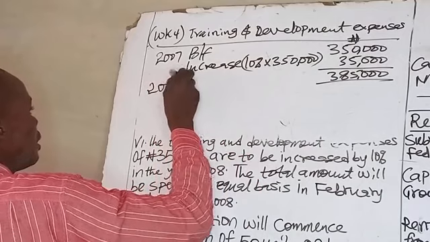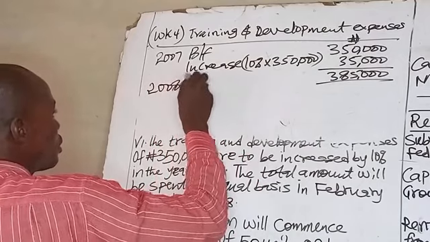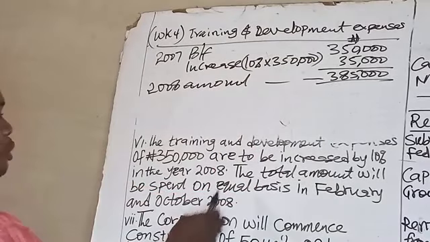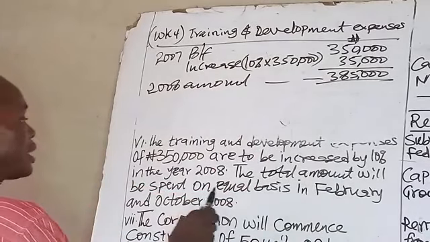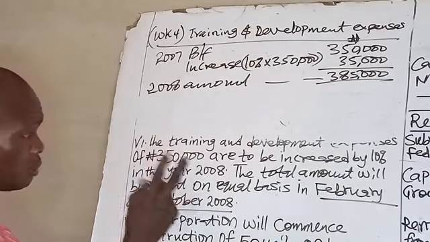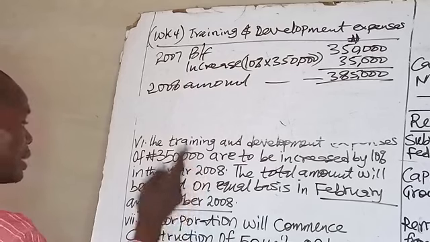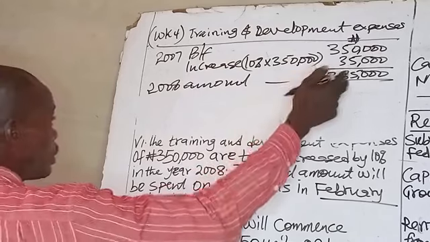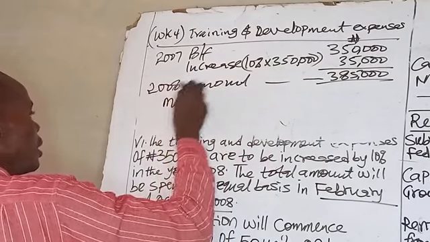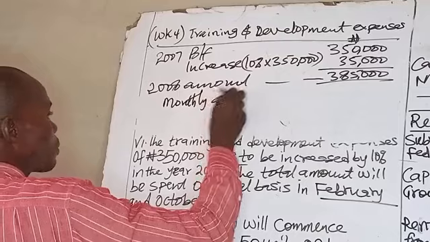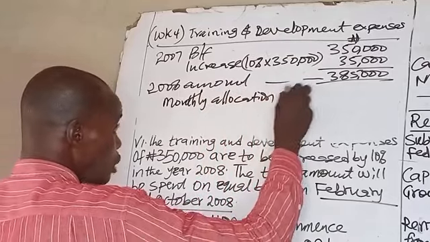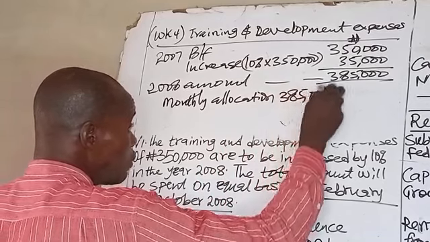That means the 2008 amount will be 385,000. And you were told the total amount will be spent on an equal basis in February and October 2008. That means the total amount will be spent in 2 months, so you are going to divide it by 2. If it were throughout the year, you would divide it by 12.